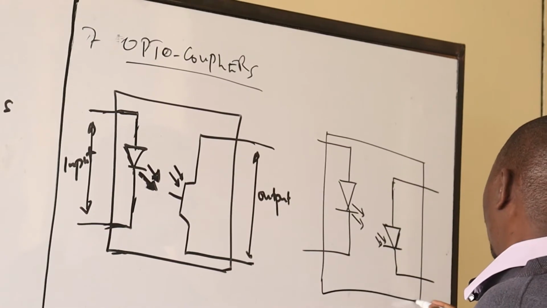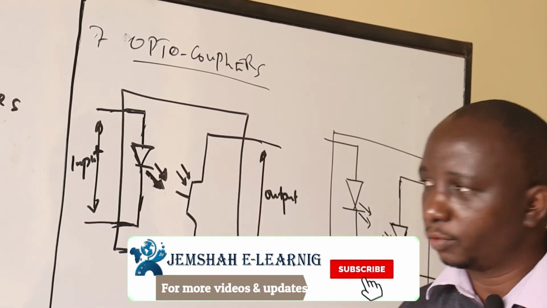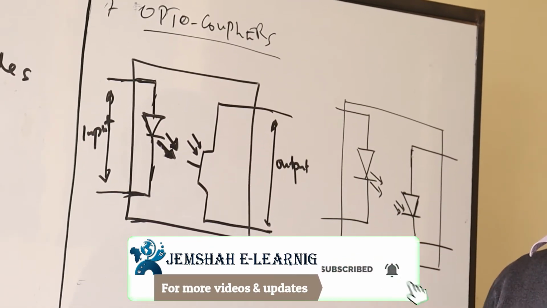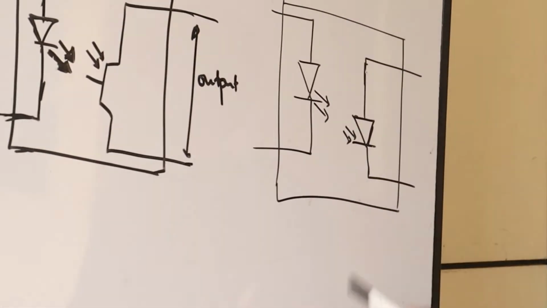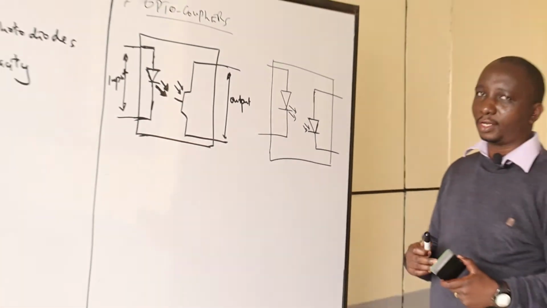From these two diagrams, we realize this is a light emitting diode and this is a phototransistor. And in this case, it's a light emitting diode and this is a photodiode. So the two devices that we already studied have been coupled and they're able to work as a unit.